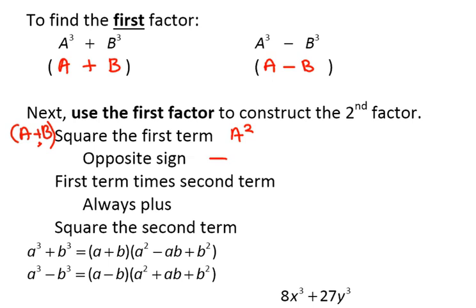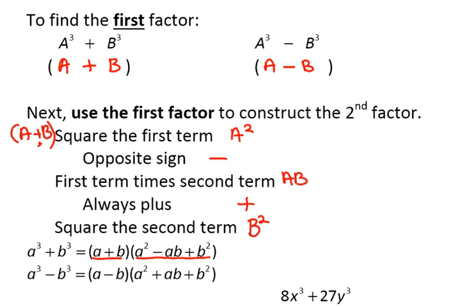The first term times the second is just a times b. The next sign is always going to be a plus, doesn't matter what's happening before it. And then you square the second term and get b squared. And so you see that written here: the a plus b, and then my a squared minus ab plus b squared.